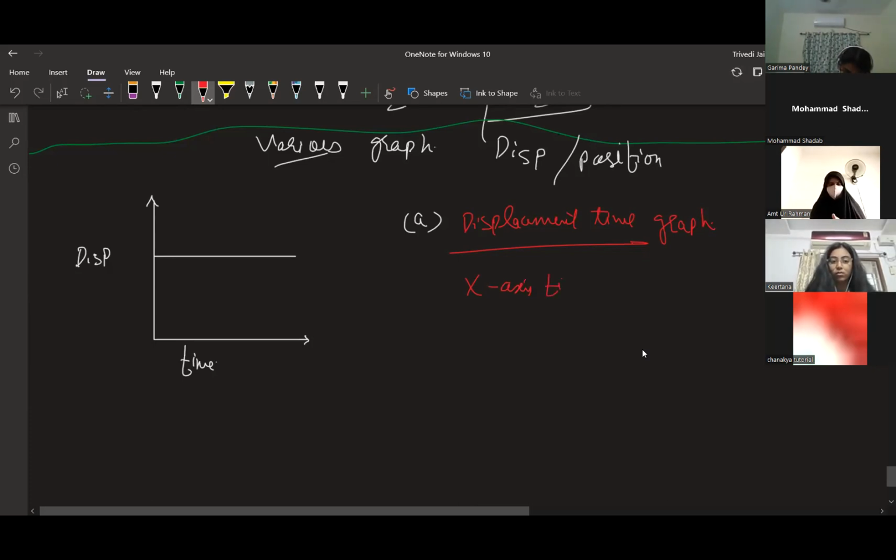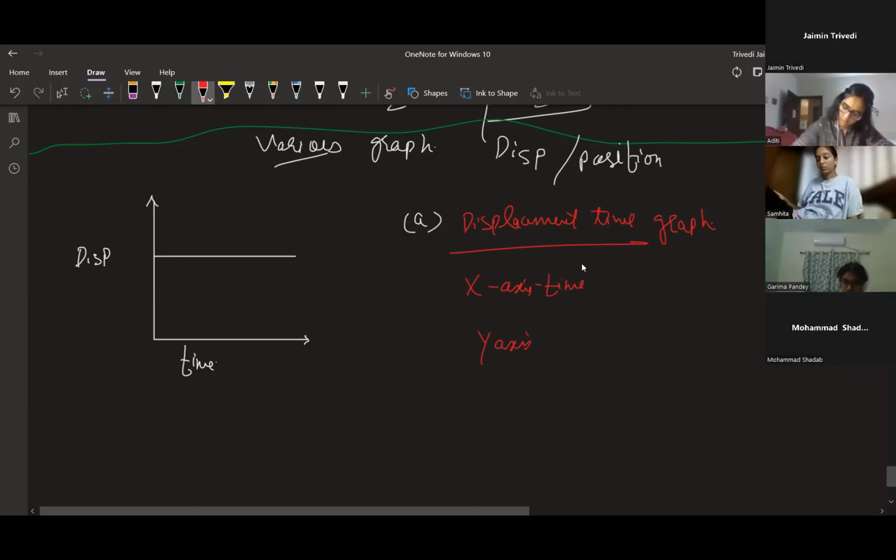That is the time axis. In the y-axis, displacement. Okay, so this is the displacement axis, that is the time axis. So on the displacement axis, a position is at some point.